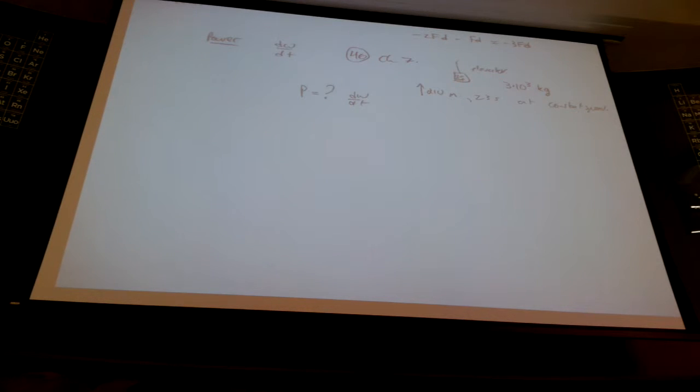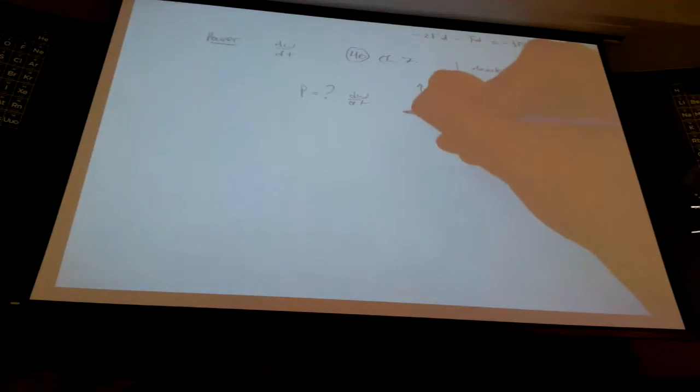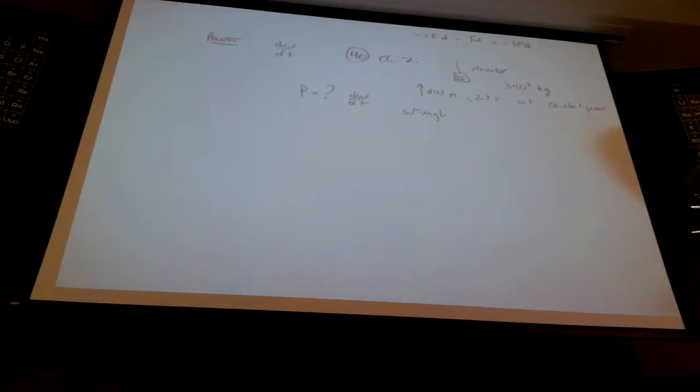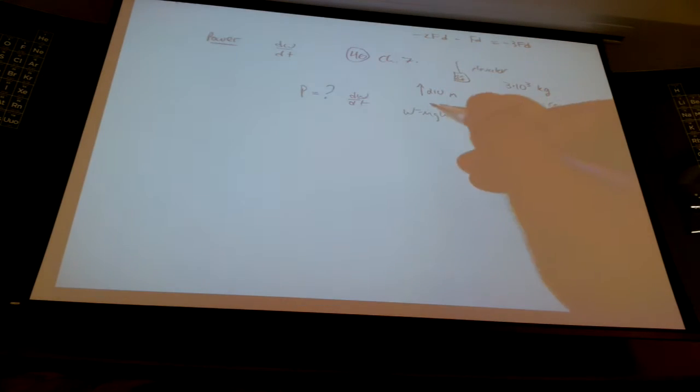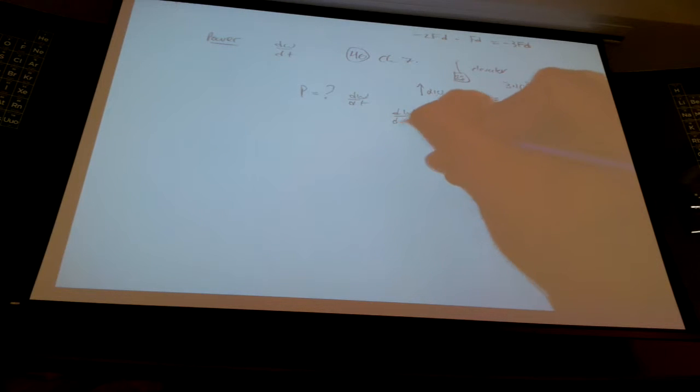So in this case, you're going to do work because you're moving it from here to here, eventually. And that work is just going to be mgh. This is a very simple change of potential energy. And the power is just going to be that divided by the time. So power is dW/dt, which is mgh divided by the delta t.